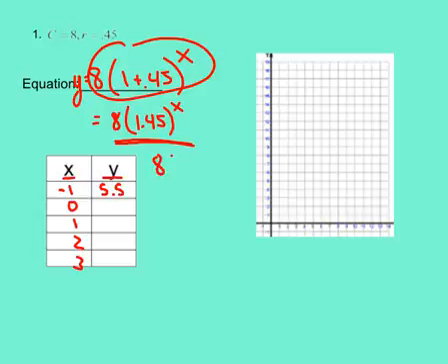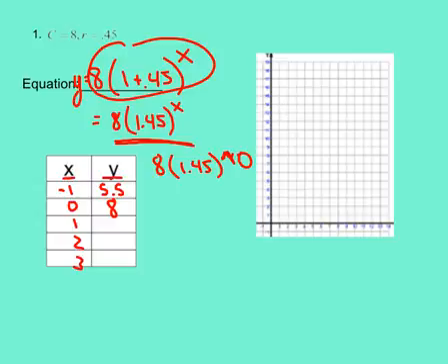Now let's go to the 0. We got 0. Anything to the 0 power is 1, times 8 is 8. Good news, our calculator is doing it correctly because we said our y-intercept has to be 8.